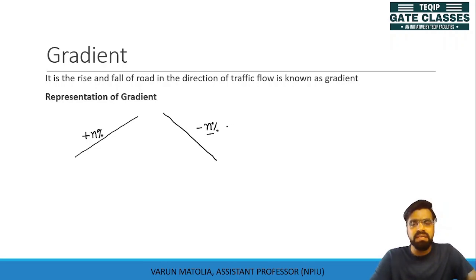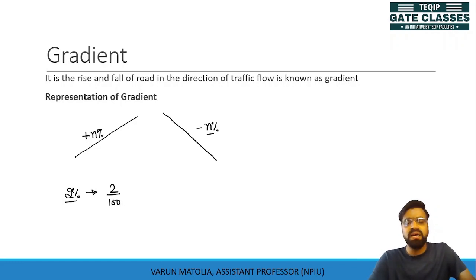What is this n%? We have already seen the values of this n% in our camber design. When we said camber for heavy rainfall areas, for a CC road or thick bitumen pavement road, it was 2%. So what does 2% represent? It represents 2 by 100, which can further be simplified as 1 by 50.